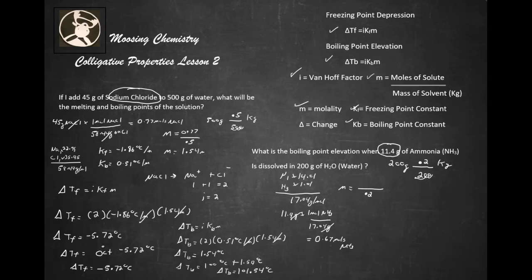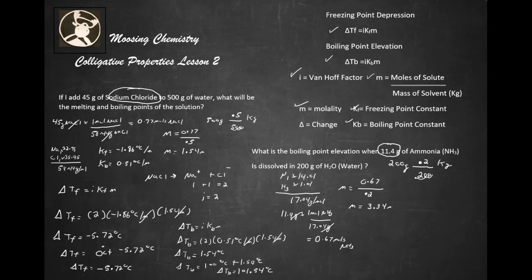Now I can put that 0.67 there. I know, a lot of writing. All right, so now when we divide those two together, we get our molality to be 3.34 little m.